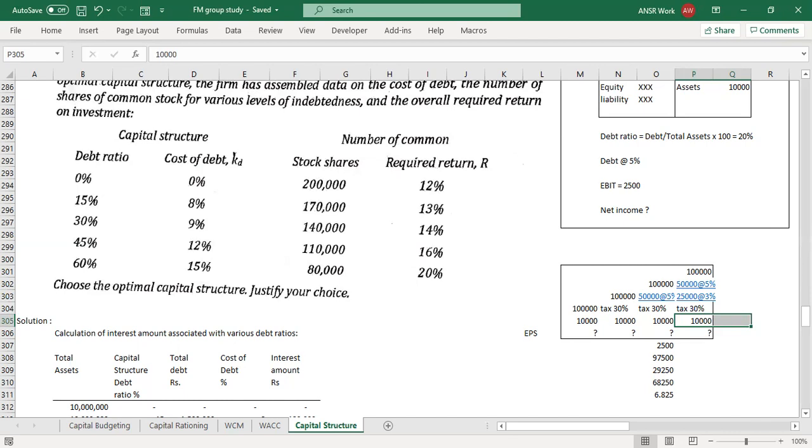However, the preference dividend that you pay to the preference shareholders is not tax deductible. What does that mean? It means you do not deduct the preference dividend before the calculation of tax. You have to deduct the preference dividend after the calculation of tax.